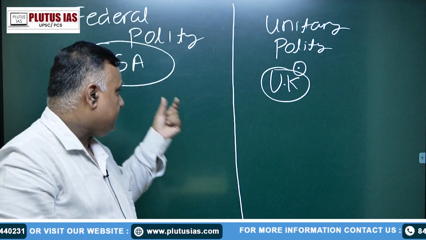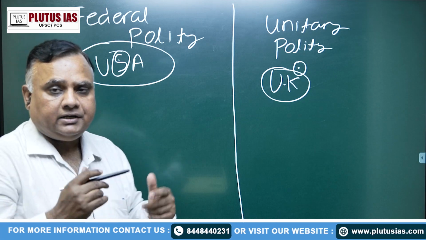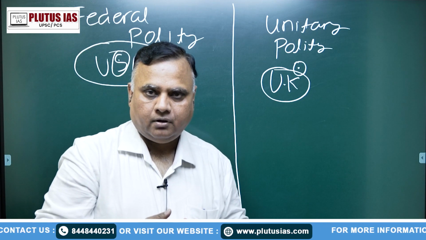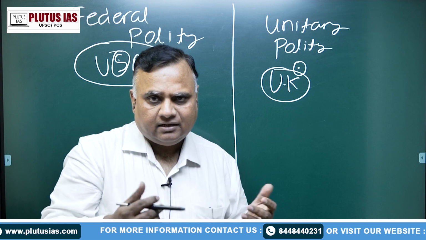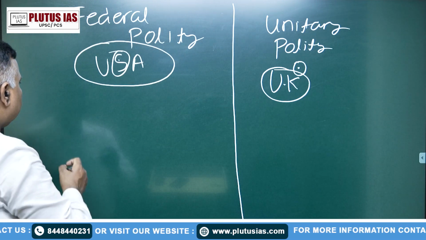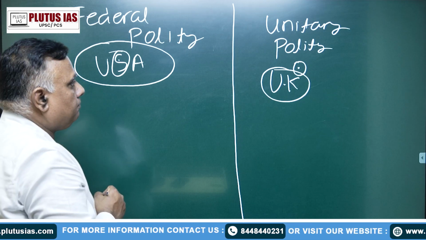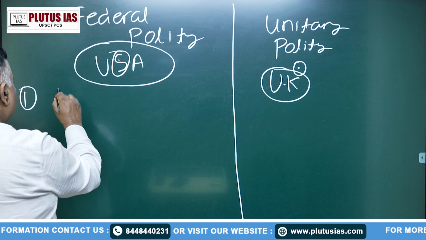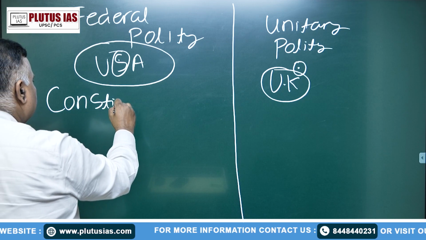United States of America. Here the focus is on the states. States are sufficiently empowered. So, the first difference between federal polity and unitary polity is the constitutional division of powers between center and states.